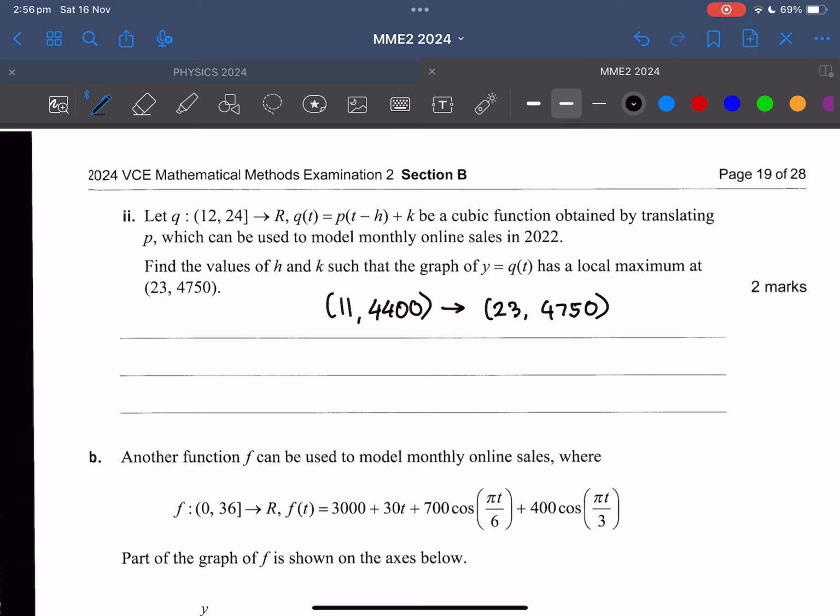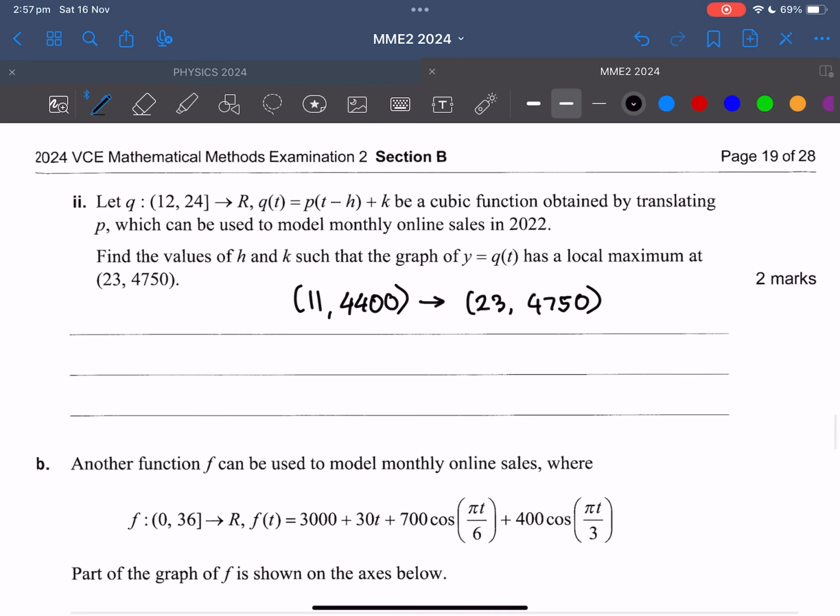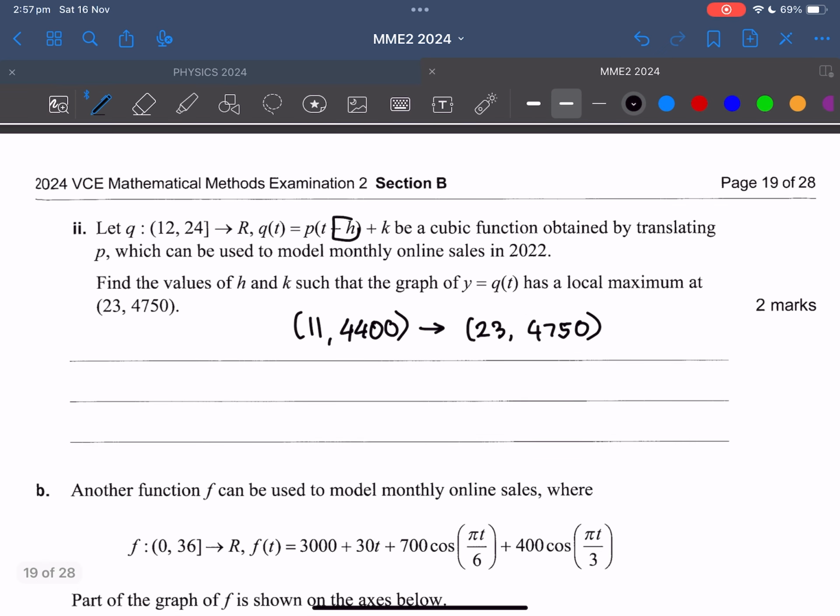They are assessing quite a lot on transformations in this exam, but anyway, remember that minus h is translating h units in the positive direction of the x-axis, and plus k is translating k units up in the positive direction of the y-axis.